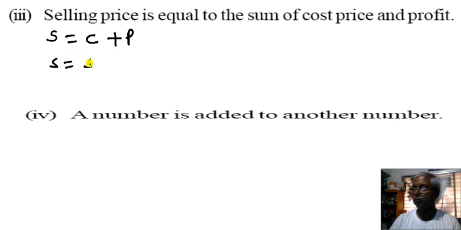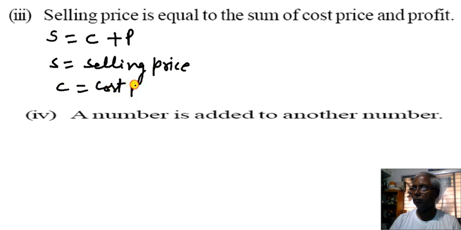So S is equal to selling price, C is equal to cost price, and P is the profit. These variables are used for this question.